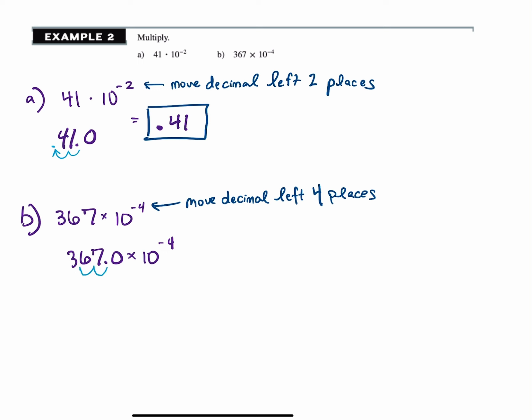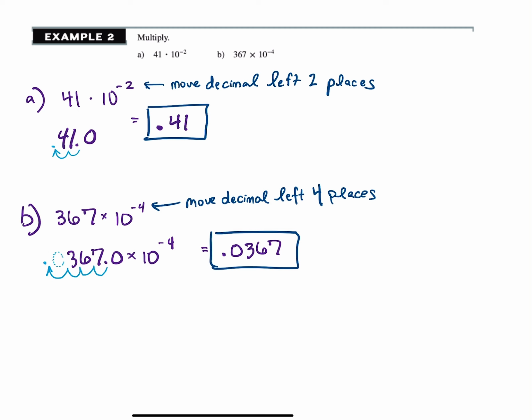That'll be 1, 2, 3. And notice if I move it to the 4th position, I'm beyond our first number. Anytime you get an empty space like this, there'll be a 0 in that empty space. So this would be written as 0.0367 as our result. We moved this decimal place 4 spaces to the left, and it produces this extra little pocket that gets filled with a 0.